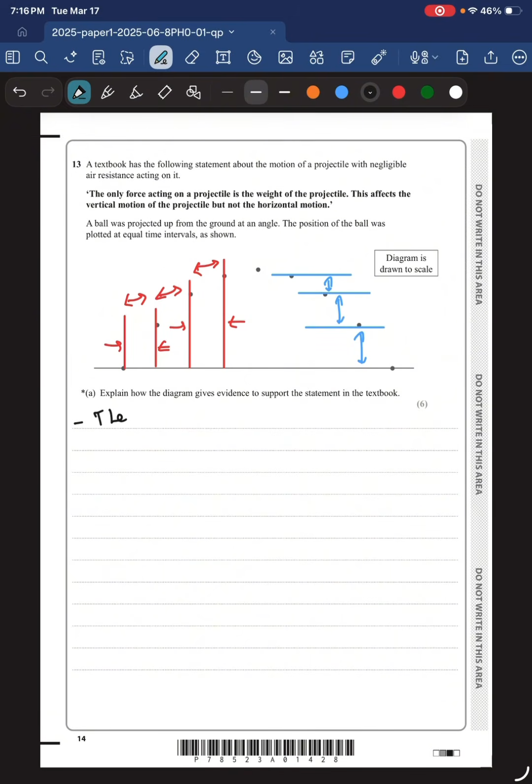So let's write down that the horizontal displacement in each time interval is the same.